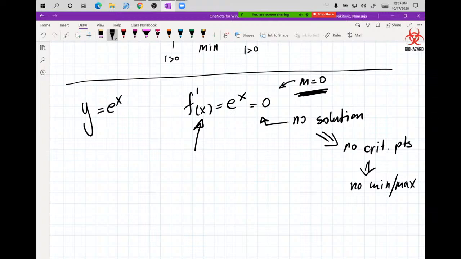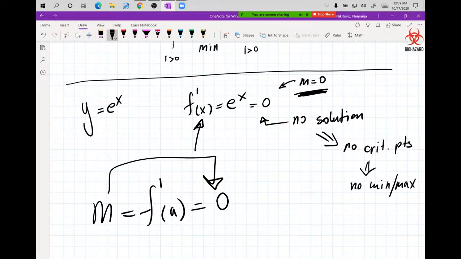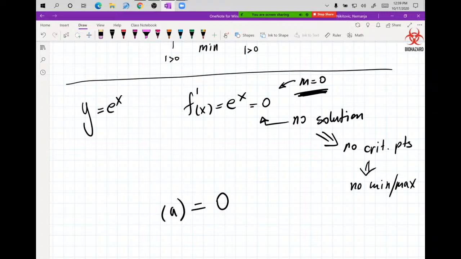You are setting it because the derivative of the function gives you the opportunity to calculate the slope of the tangent line, because that's what the m is, right? M was the first derivative computed at whatever value. So if you are setting that to 0, you are looking for the slope to be 0, horizontal tangency. All right, cool.